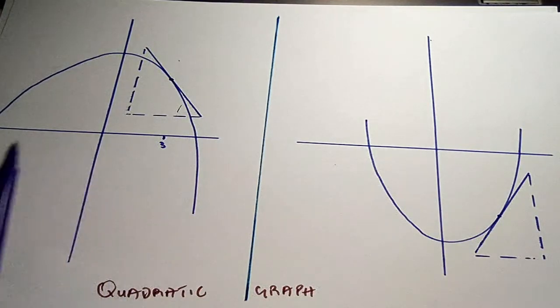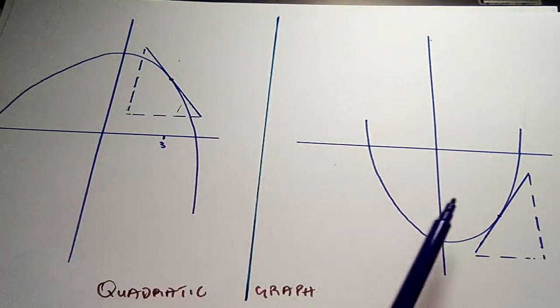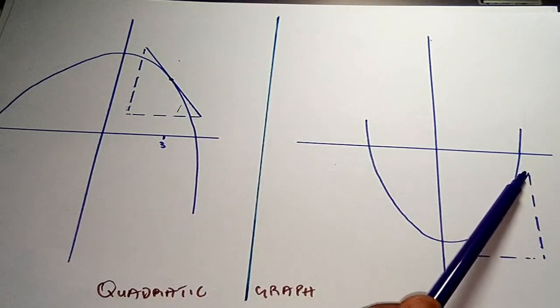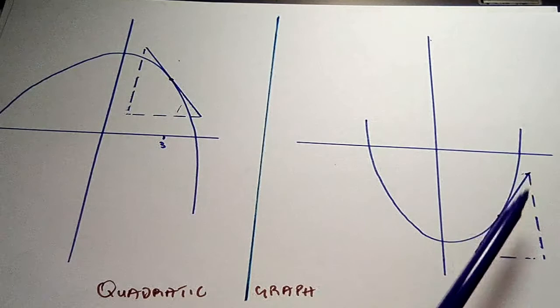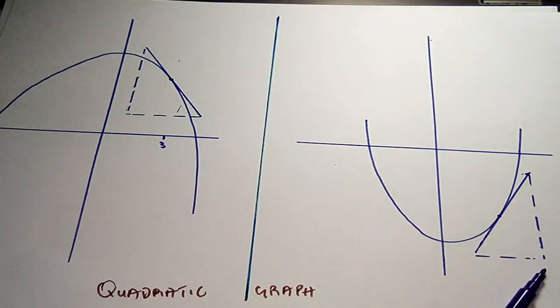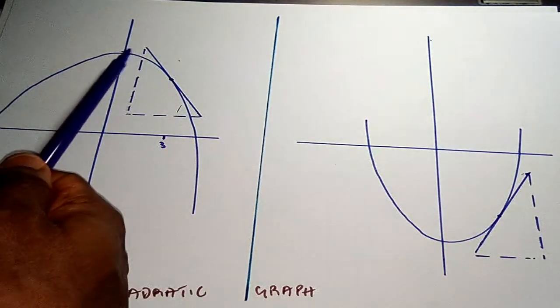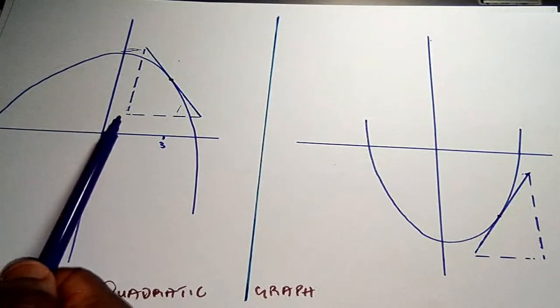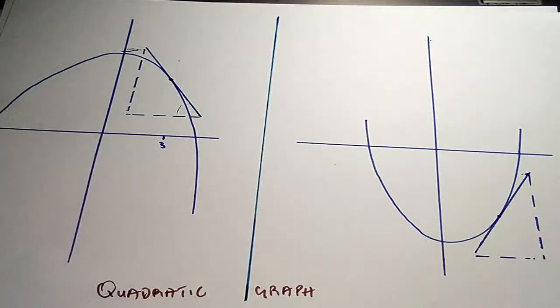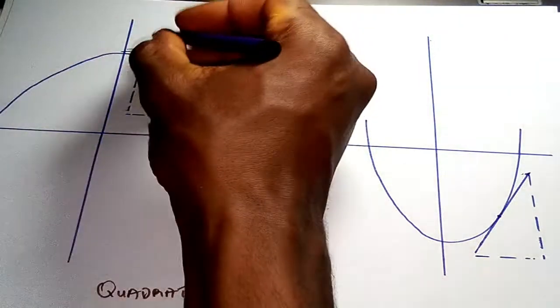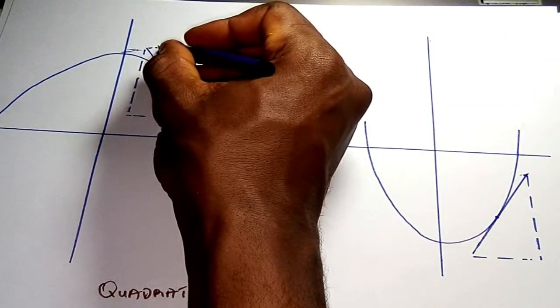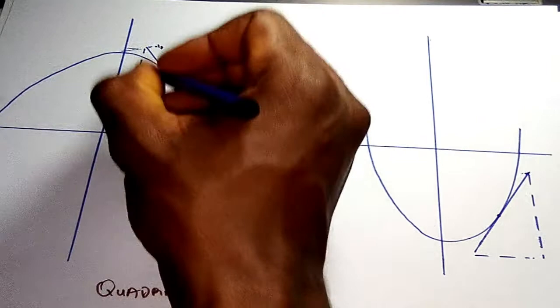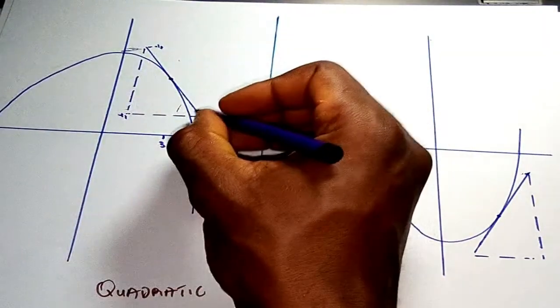And then you remember that for the positive gradients, we have y2 up, y1 down. The negative gradient, we have y1 up, y2 down, but the x remains the same. So just like we did before, we can still label it so that you understand it when you're doing it.